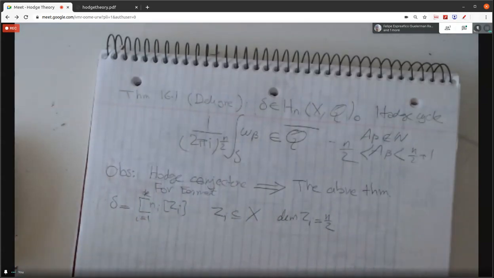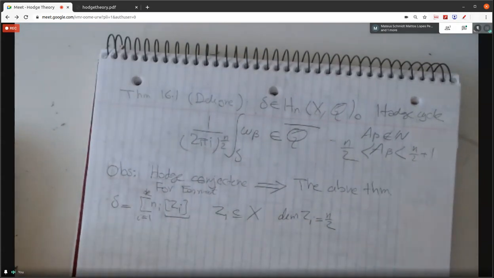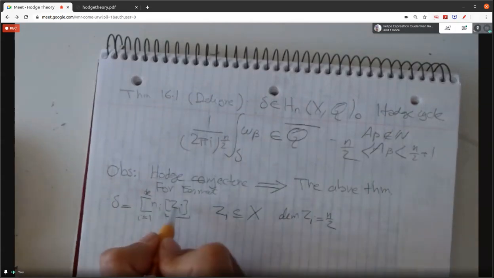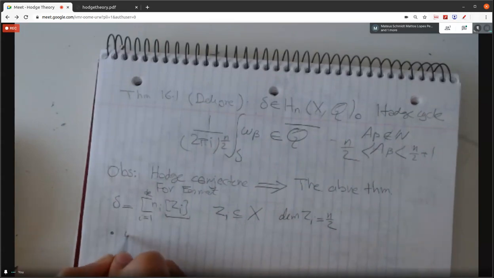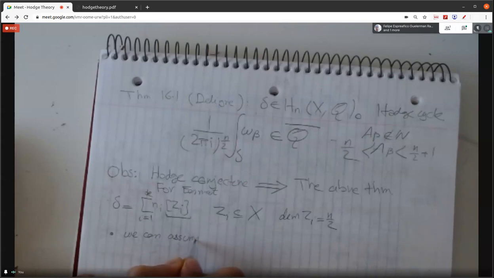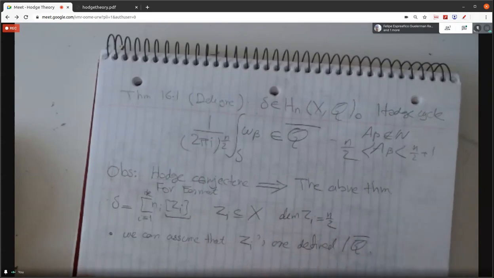So since we are working with just the homological class of algebraic cycles, it comes from the next step. We can assume that the Zi's are defined over Q bar. I will not explain too much about this, but if you want, we can talk about this one.